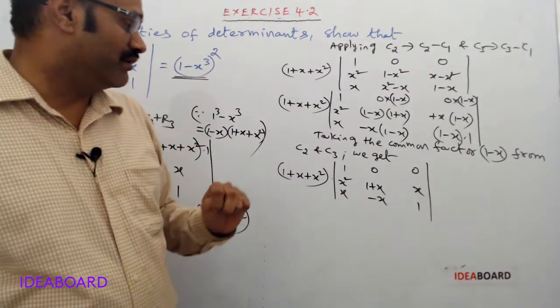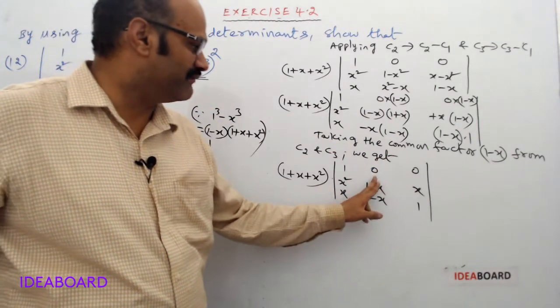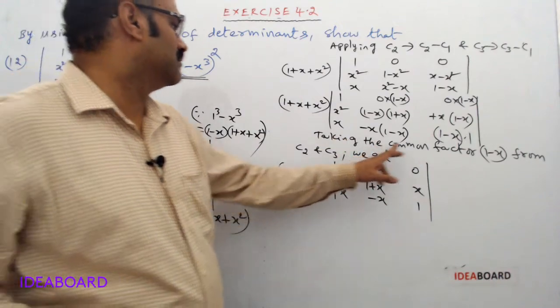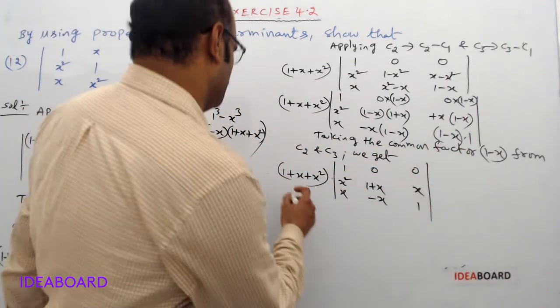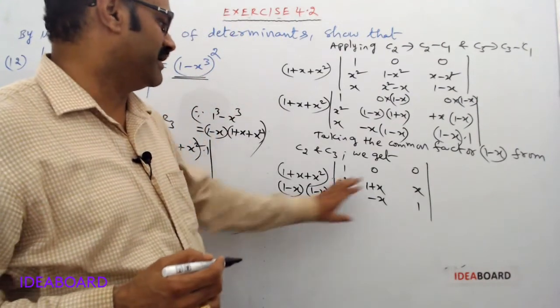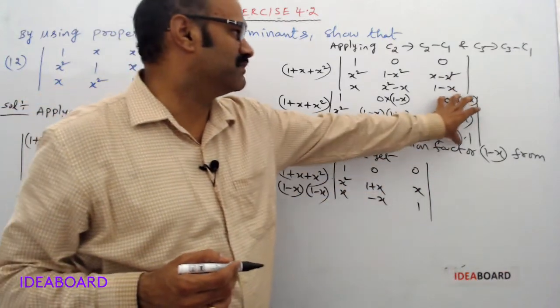Now we have to expand along R1. Since we have two zeros, we can expand along R1. We write (1 − x) into (1 − x), one from C2 and one from C3.